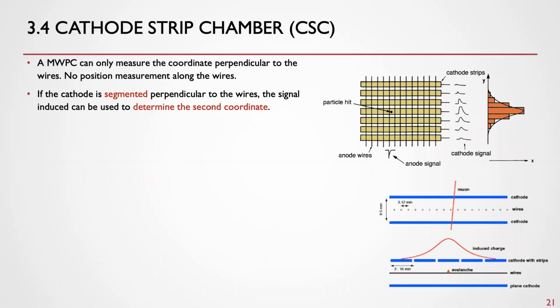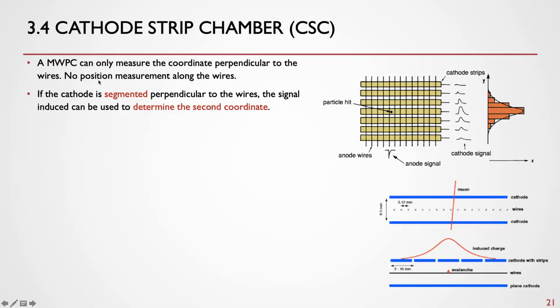They can be improved very easily to resolve the problem that they only have a one-dimensional measurement. One can just cut the cathode plate into cathode strips and collect the ion signal at the cathode strips. One collects the ion signal. The multi-wire proportional chamber had this problem that the cathode consists only of one plate.